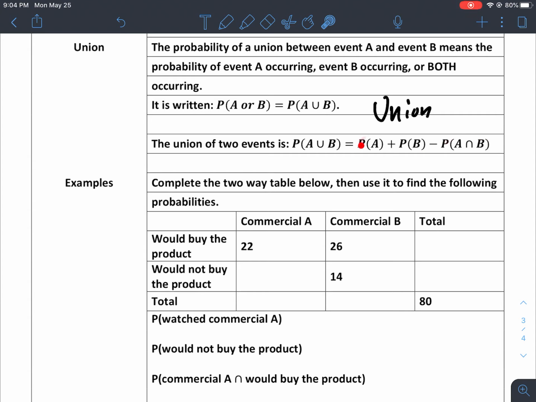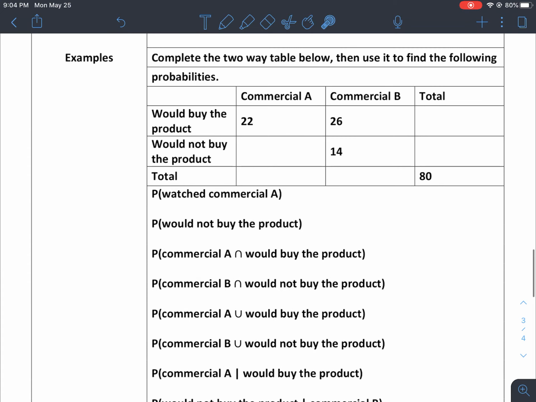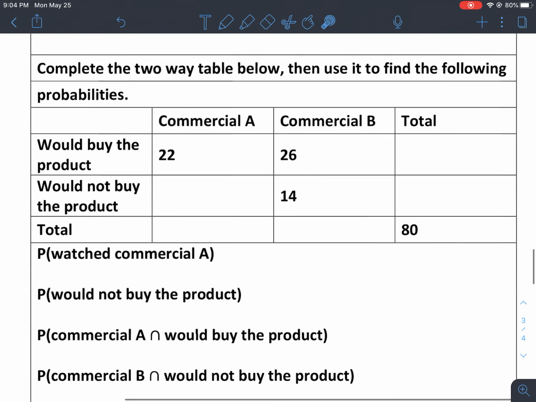If we count everything that happens in A and add everything that happens in B, then things that happen in both A and B get counted twice, so we have to subtract one of them out.